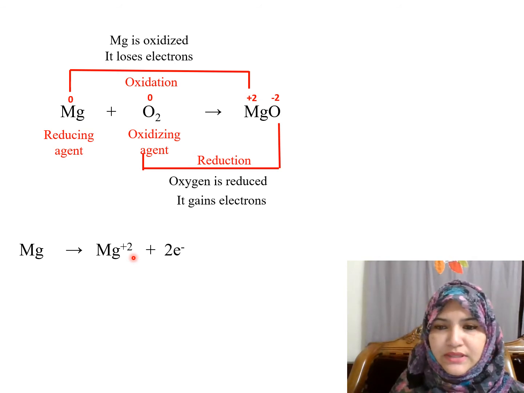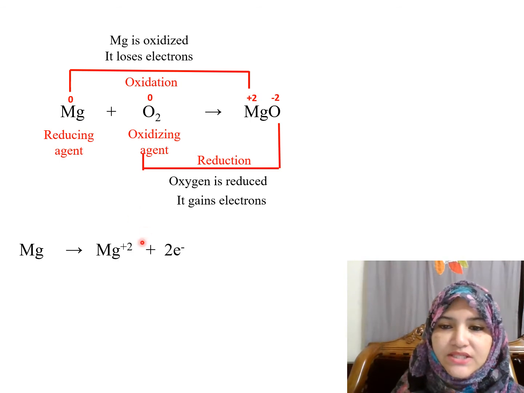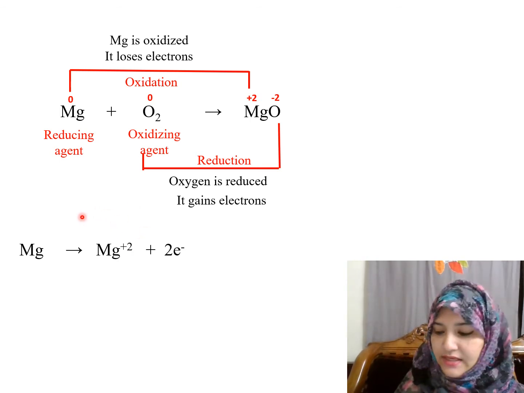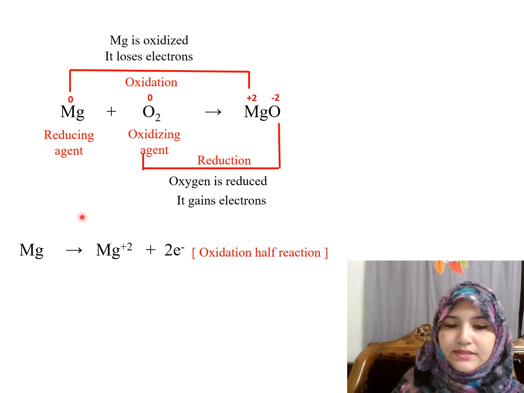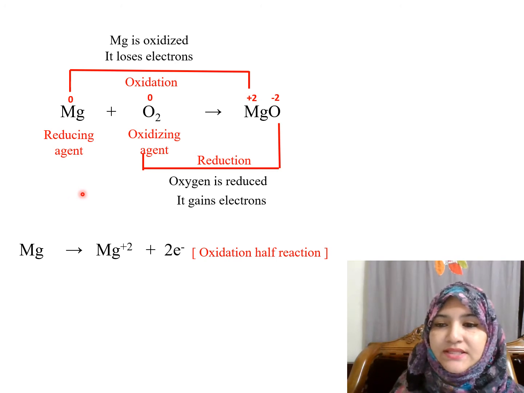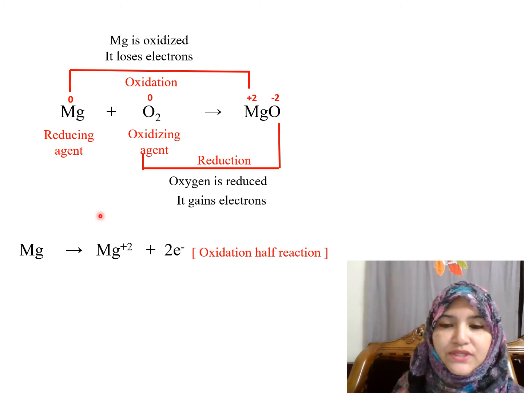Because magnesium lost electrons, this reaction is known as an oxidation half reaction. We know about half reactions. This is the oxidation part of the whole reaction.